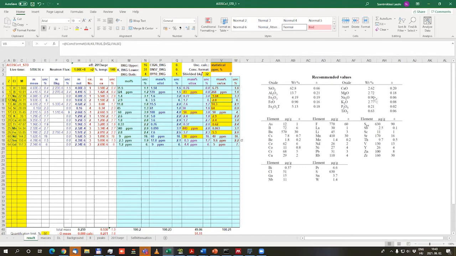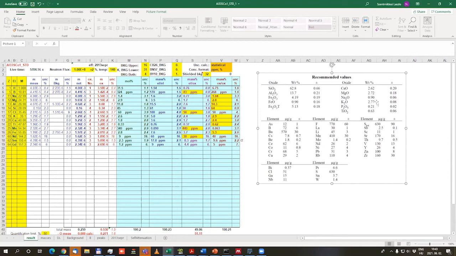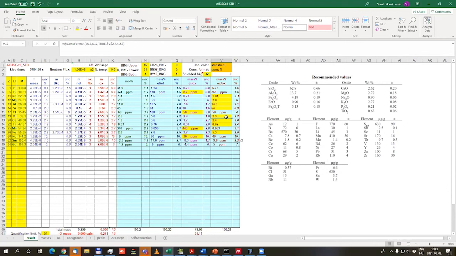Sodium is 0.9, we have 1.04. Potassium 2.77, we have 2.9. So you see that our data are rather close to the certified values. Also for titanium, so here is 0.63, and we have 0.62, which is almost a straight hit.